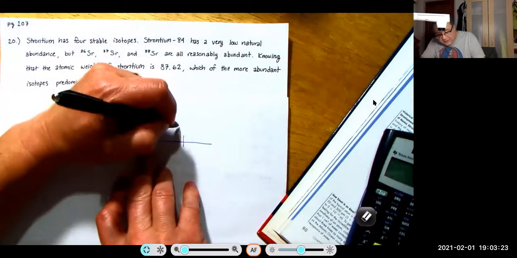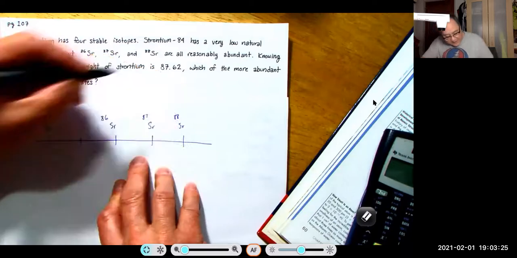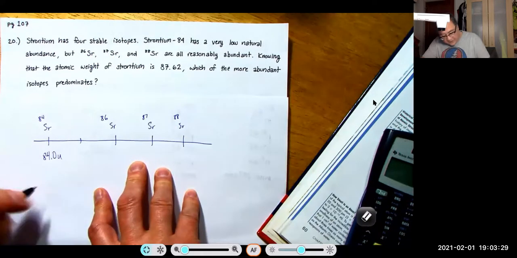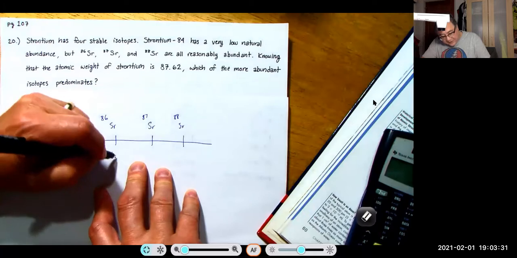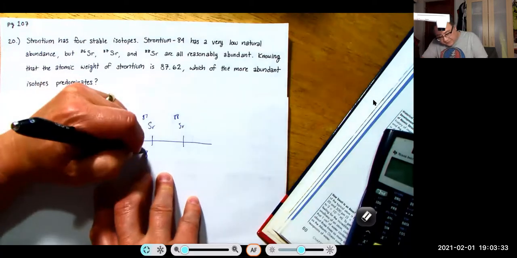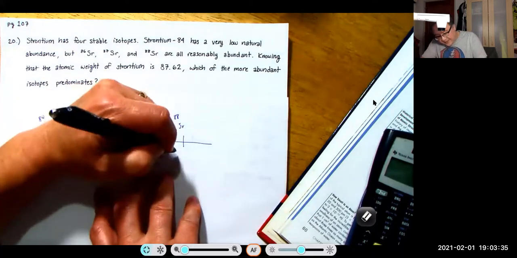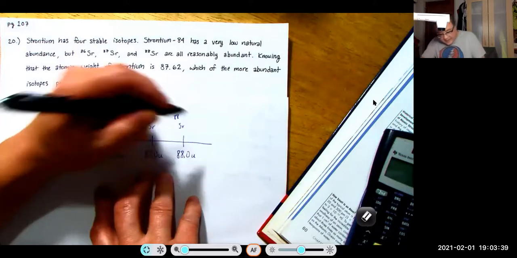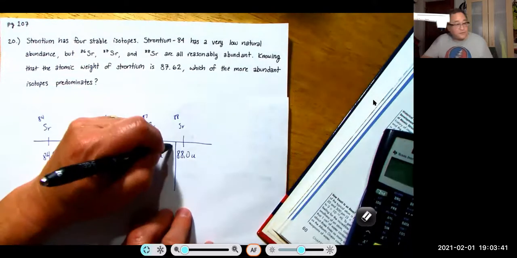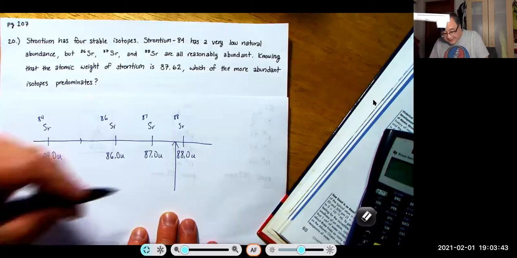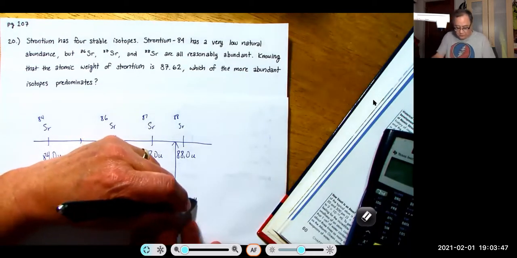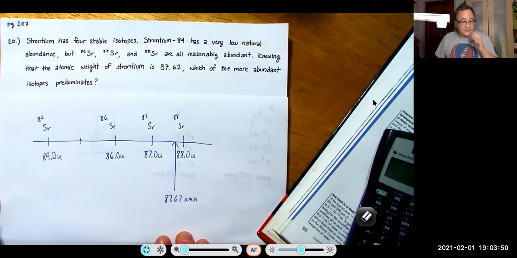And here's strontium 88. This one weighs 84 AMUs, 84.0. This is 86.0 AMUs. This is 87.0 AMUs. And this is 88.0 AMUs. And they say that the average mass is 87.62 AMUs.